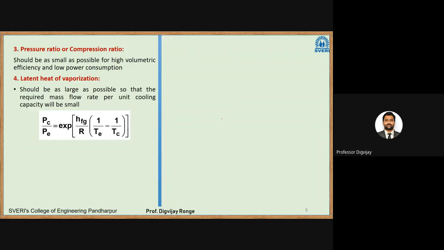small. What you see on the screen here is an equation which relates the pressure ratio. Pressure ratio means the condenser pressure divided by the evaporator pressure, and it is equal to exponential of HFG, which I just showed you in the figure, that is the latent heat, divided by R, the universal constant, into bracket 1 divided by TE, the evaporator temperature, minus 1 divided by TC, the condenser temperature.